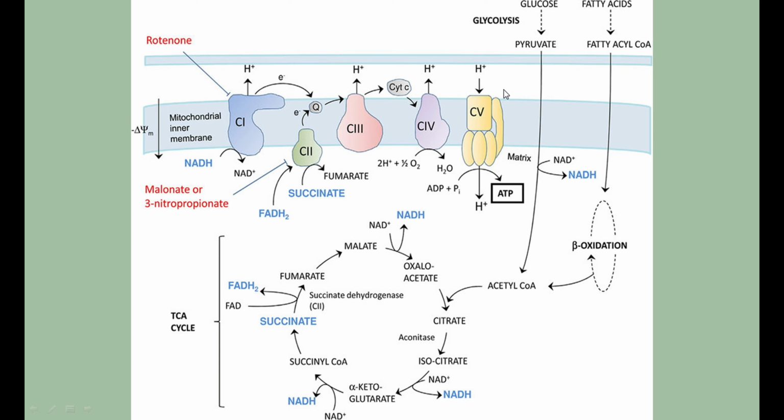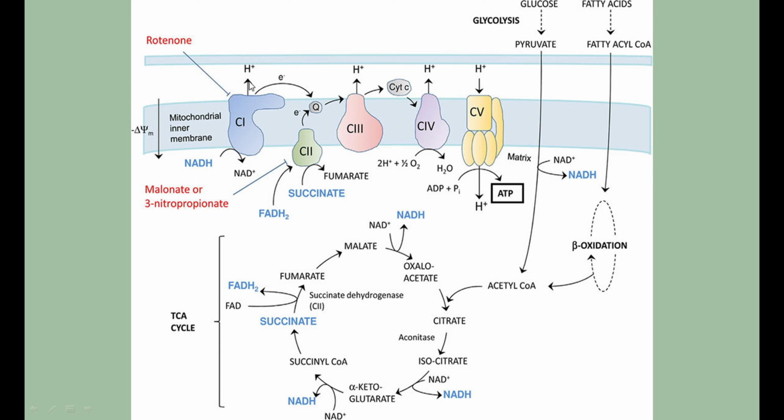This complex 5 of the electron transport chain is a special complex. Its function is that this is the site where ATP synthesis takes place. Because there is a high concentration of protons over here, this acts as a proton acceptor, and hydrogen ions come inside it, and when they come inside, it rotates. You understand?